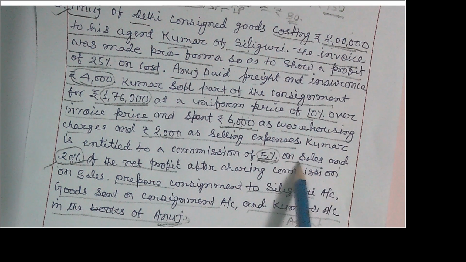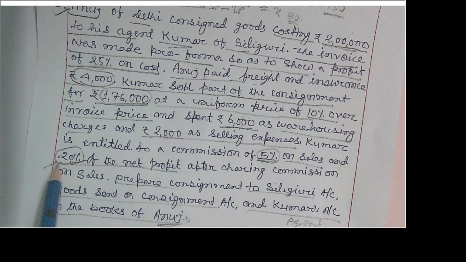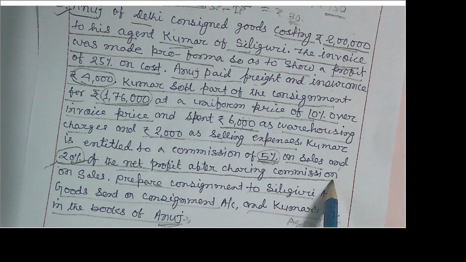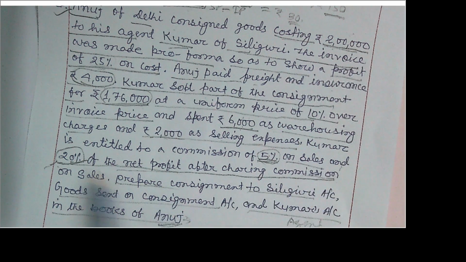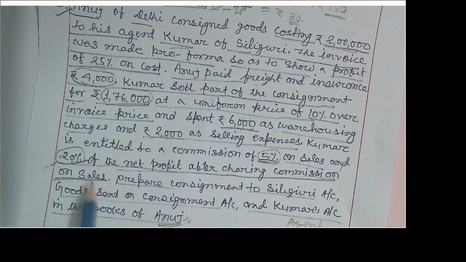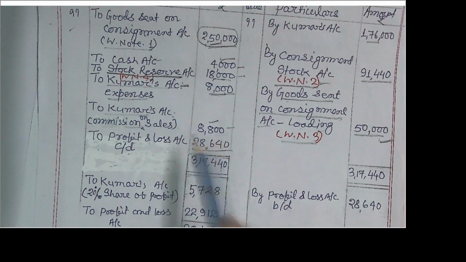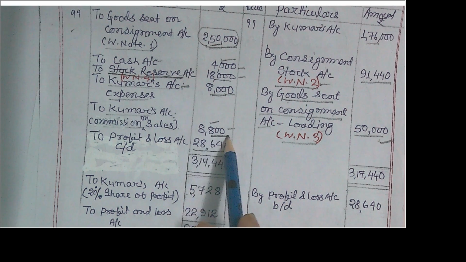Here, 5% on sales and 20% of the net profit after charging commission. So this is the commission on sales, and again you will get a 20% share of profit. Now that means, here you see, after charging commission means this 8,800 is deducted.